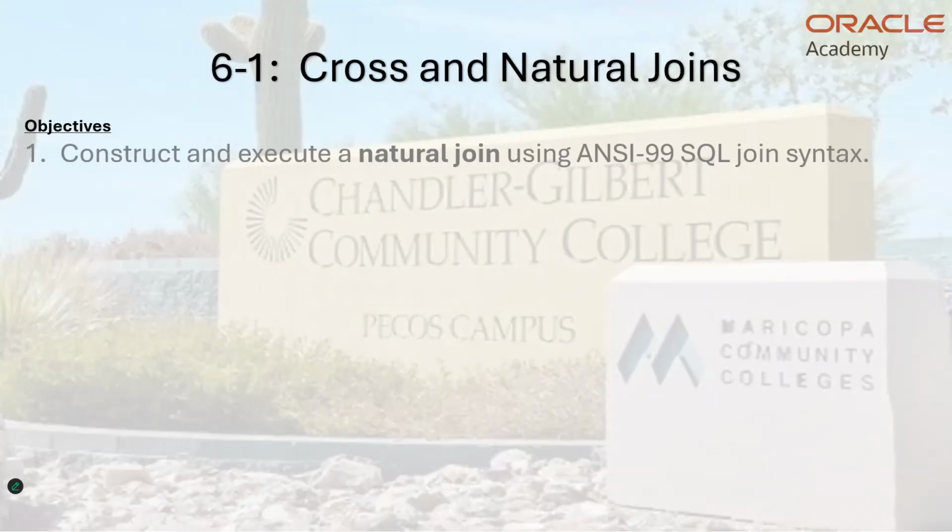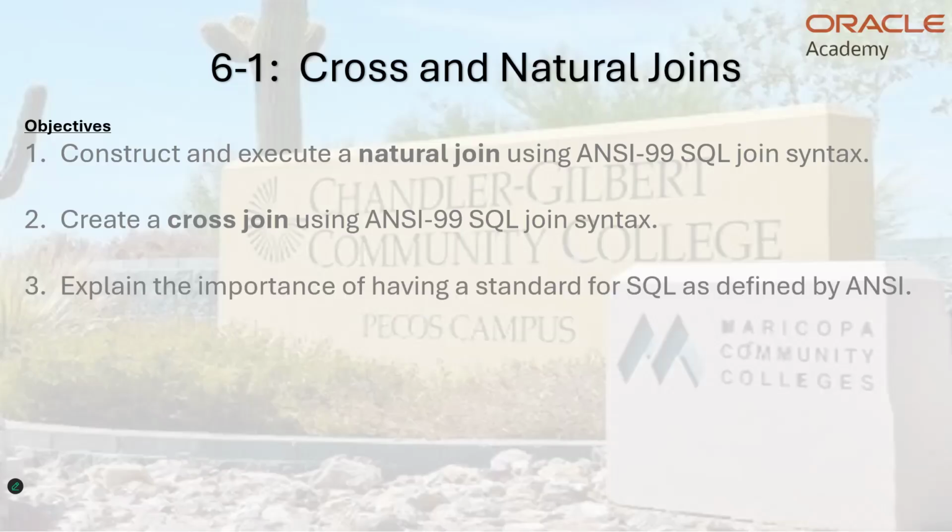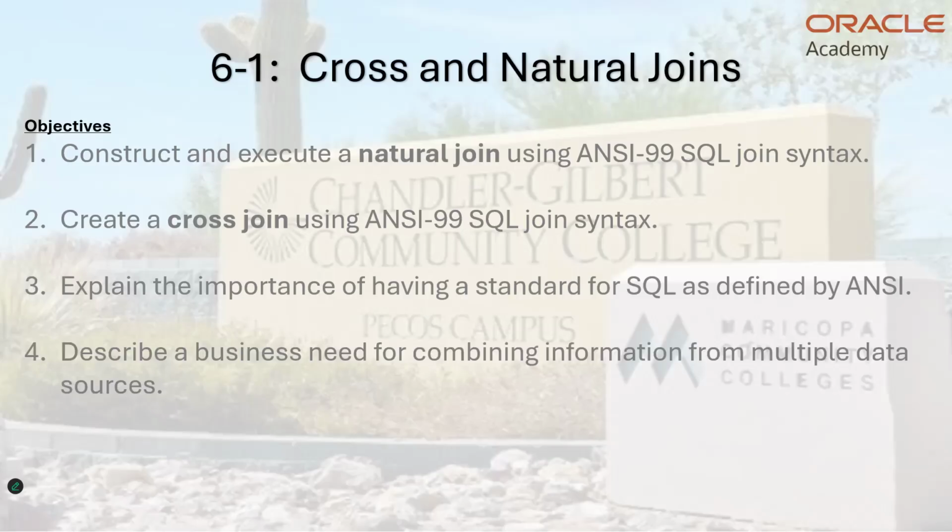Our objectives: construct and execute a natural join using the ANSI 99 SQL syntax, and you'll see the difference. Create a cross join using that same syntax. Explain the importance of having a standard, and that's between ANSI and Oracle proprietary. And you'll see the difference. Generally, since we're Oracle Academy, but ANSI 99 on that, for those purposes, is accepted across the board.